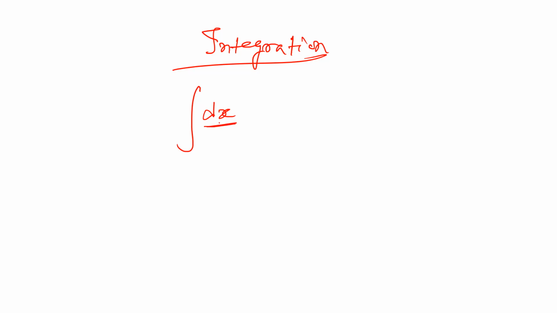But remember one thing, derivative and integration are opposite to each other. So integration of dx means integration of the derivative of x, and I have already told you that integration is the anti-derivative, just the opposite of derivative.